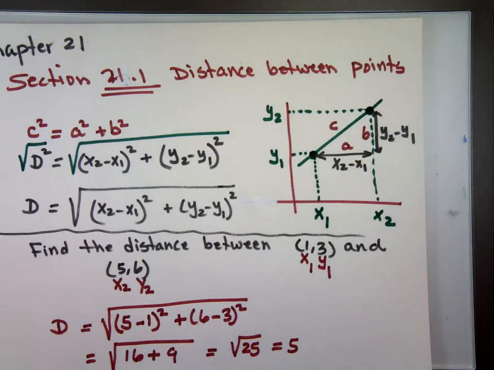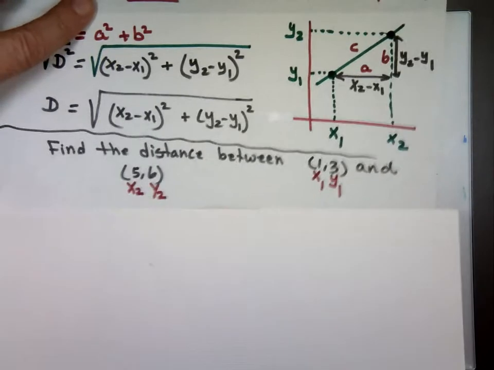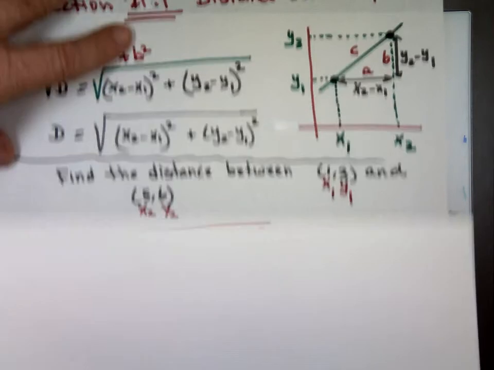Now, what else do we have in that section? We'll look at that picture there. Another topic in this section, as I said, some of the stuff is actually repeat.